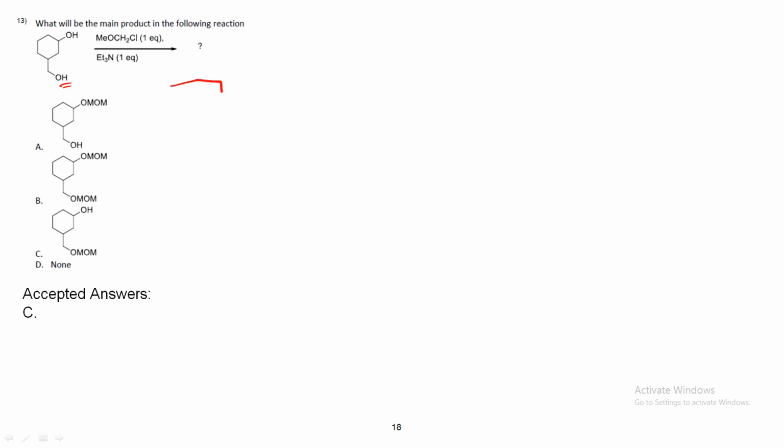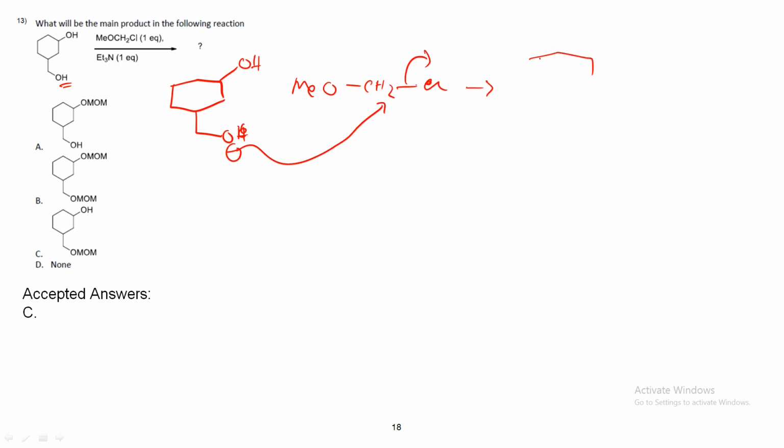So let's look at the mechanism. The mechanism is very simple, just an SN2. In the presence of base, O minus can be generated. A particular kind of elimination would generate this compound.